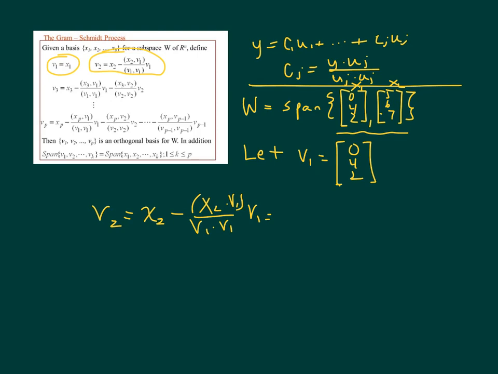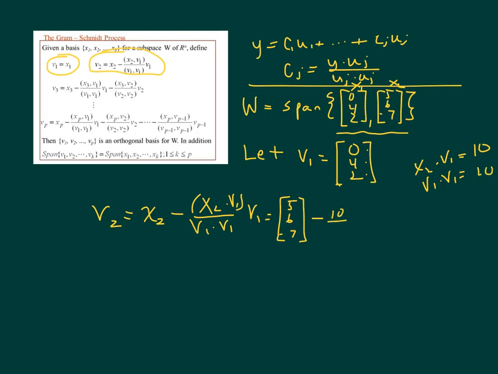So we get our x2, which is 5, 6, negative 7, and then we're going to subtract the projection of x2 onto our v1 or x1. Now notice x2 dot v1 is just equal to 0 plus 24 minus 14, so that's 10, and then v1 dot v1 is equal to 0 squared plus 4 squared plus 2 squared, which is 20.